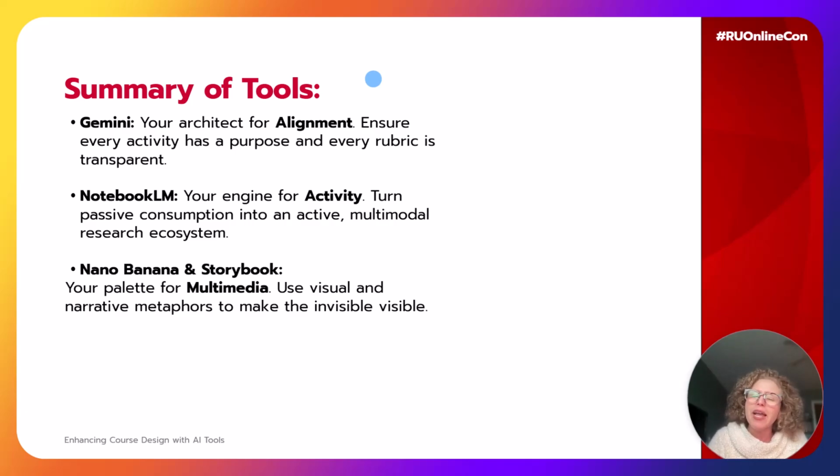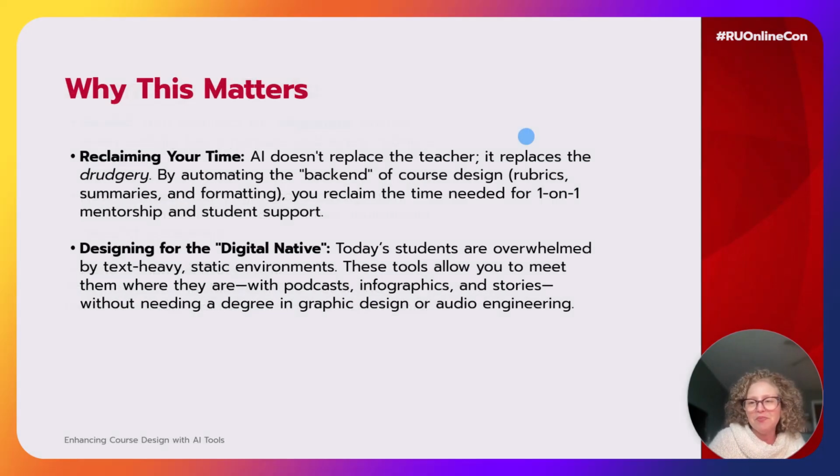Notebook LM, your engine for activity. Turn passive consumption into an active multimodal research ecosystem. Nano Banana and Storybook, your palette for multimedia. Use visual and narrative metaphors to make the invisible visible. These are just great tools. I love them.